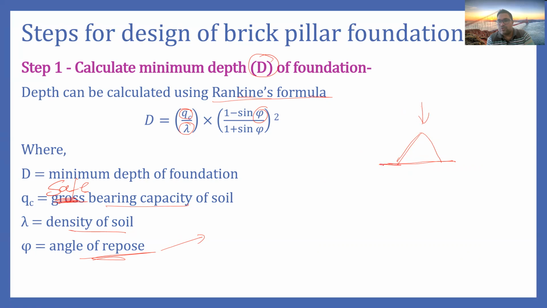The angle it makes naturally from the horizontal is known as the angle of repose. This angle of repose is different for different types of soil, and it also comes into the factor when we calculate the depth of foundation.